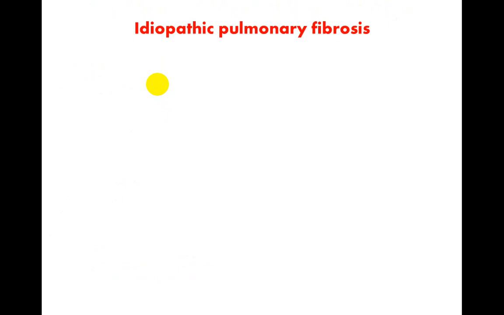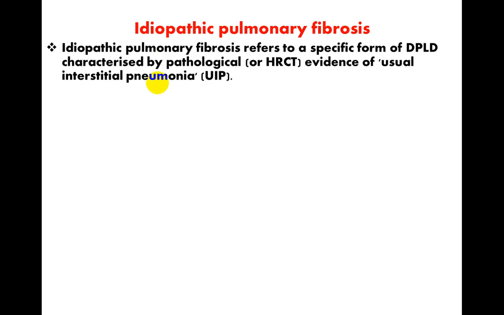So, we will discuss idiopathic pulmonary fibrosis as the main type of diffuse parenchymal disease, which, as I mentioned, accounts for over 85% of cases of pulmonary fibrosis. Idiopathic pulmonary fibrosis is a specific form of diffuse parenchymal lung disease characterized by pathological or high-resolution CT scan evidence of usual interstitial pneumonia.